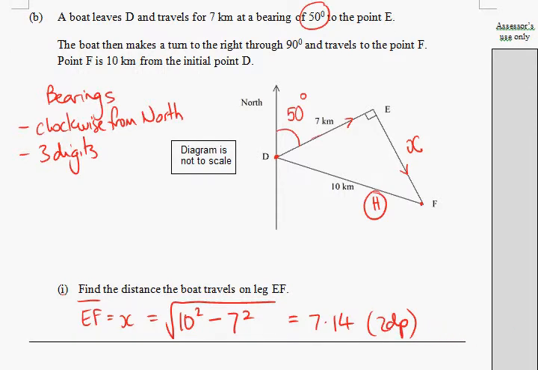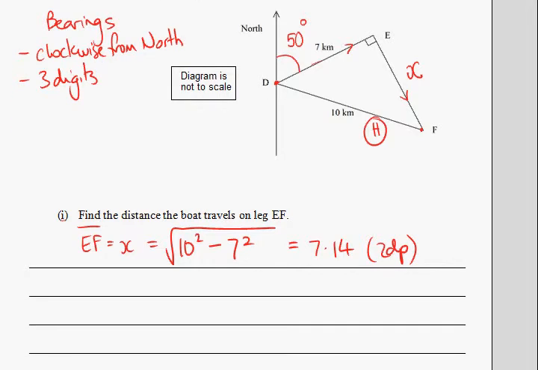Right, now the next part of the question, of course, is going to rely on this diagram, so I may have to leave the diagram there. Part 2 says to find the bearing of D from F. So we want for part 2 the bearing of D from F. Now the important thing is the from, so that's where I'm standing here.